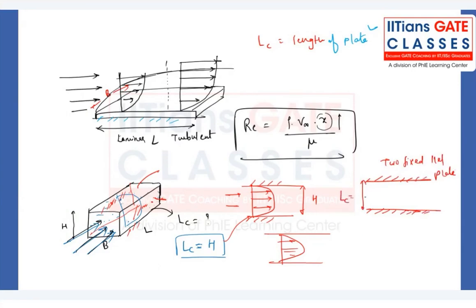That will be the gap between the plates, right? That is nothing but H only. The width of the plate will not be that important for us. Remember that. Whatever the gap in which the fluid is flowing, that will be important for us. Is that clear?